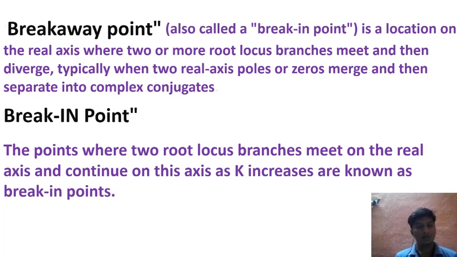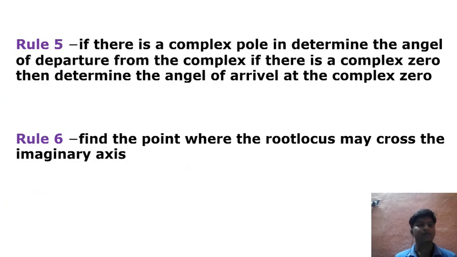And the break-in point is the point where two root locus branches meet on the real axis and continue on this axis as k increases. Another definition for the break-in point: if there is a root locus on the axis between two zeros, then there is a break-in point.